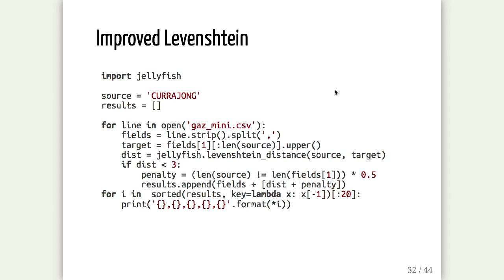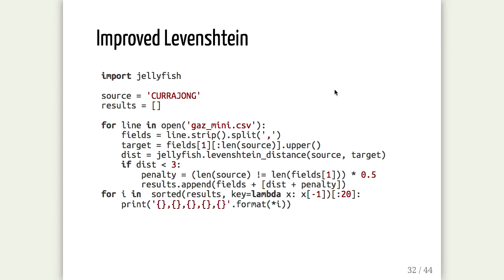But because the word in the gazetteer is longer, I'll add a penalty of 0.5. If it came up with one difference, like Currajong with a C and a Currajong with a K, and it came up with Currajong North, that would be 1.5. It would be 1 for the Levenstein distance plus that 0.5 penalty.